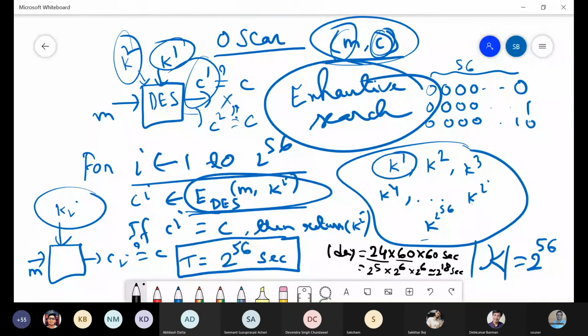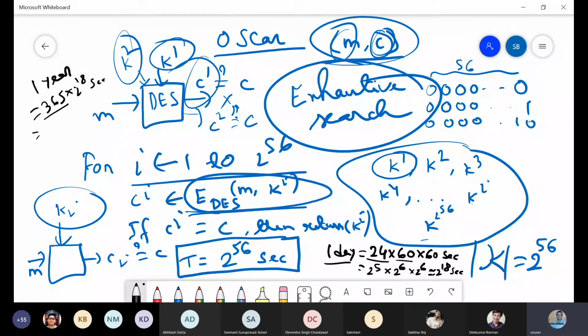So 1 year is how much? 365 into 2 to the power 18. Anyway, doesn't make any difference much. 2 to the power 18 seconds. So again, we have to write this in terms of a power of 2.